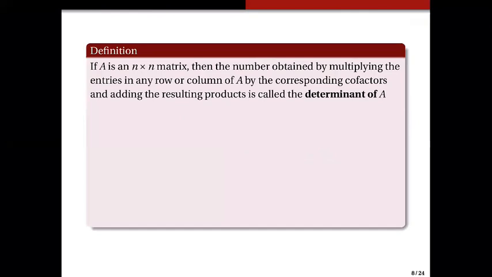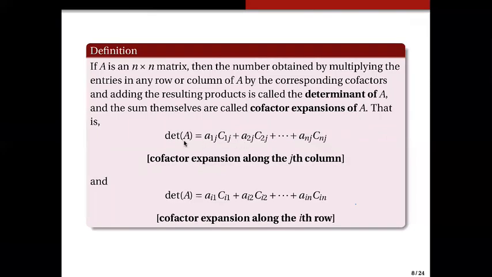So that resulting number is called the determinant of A. So if A is an n by n matrix, then the number obtained by multiplying the entries in any row or column of A by the corresponding cofactors and adding the resulting products is called the determinant of A. The sums themselves are called cofactor expansions of A. So for example, in here, we want the cofactor expansion along the jth column.